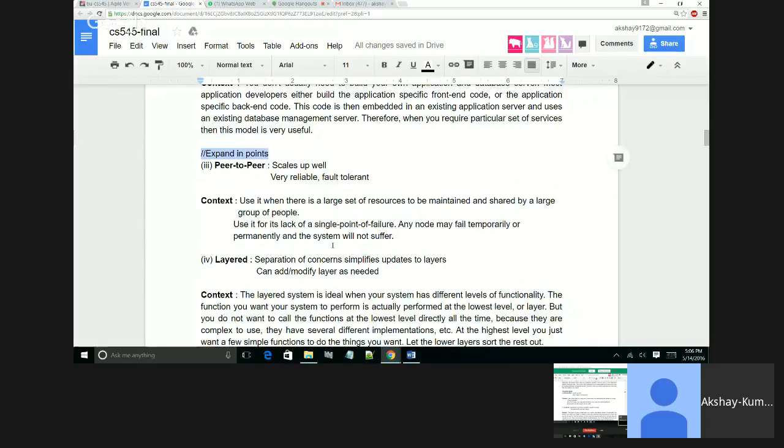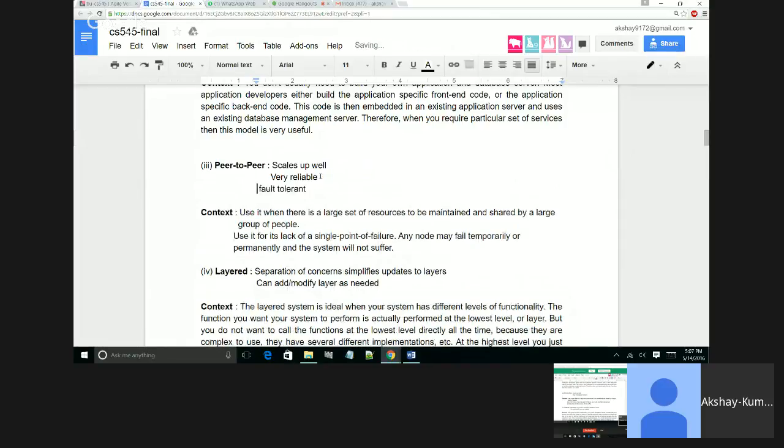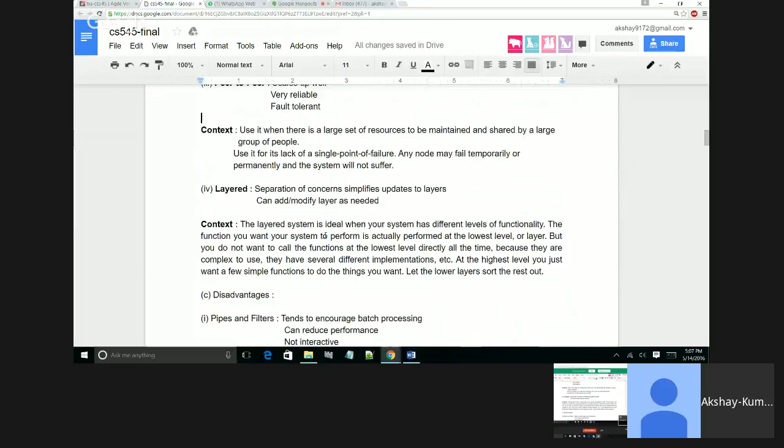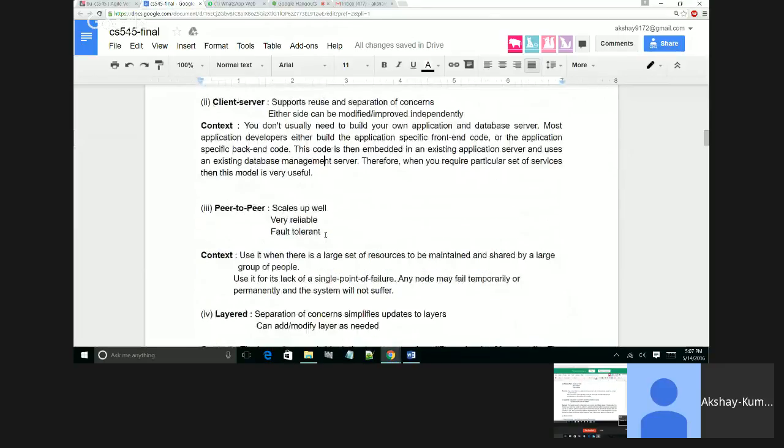Fault tolerant can be our next point. Okay. So the B part is done.